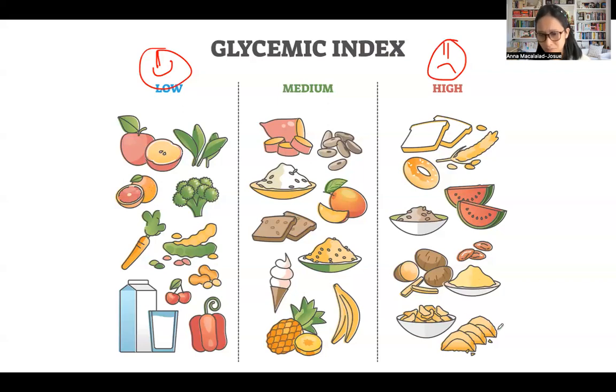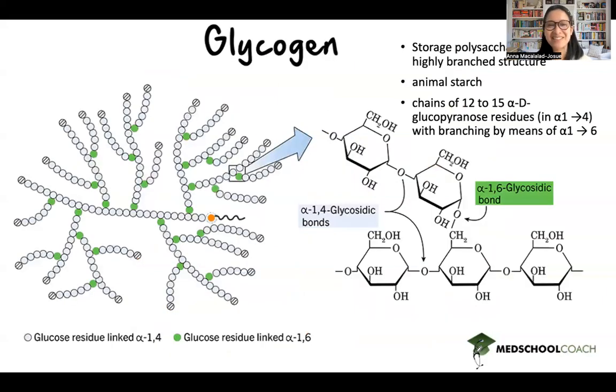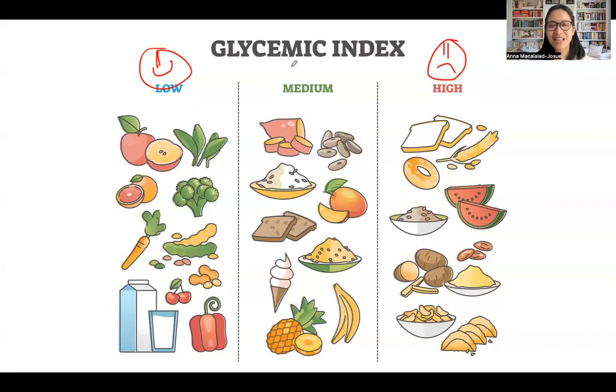This one, if I'm not mistaken, these are tacos. I'm not sure. Okay? So that's your glycemic index. Medium is okay, but the high ones, not. Other examples would be your table sugar, sucrose, your milk tea.